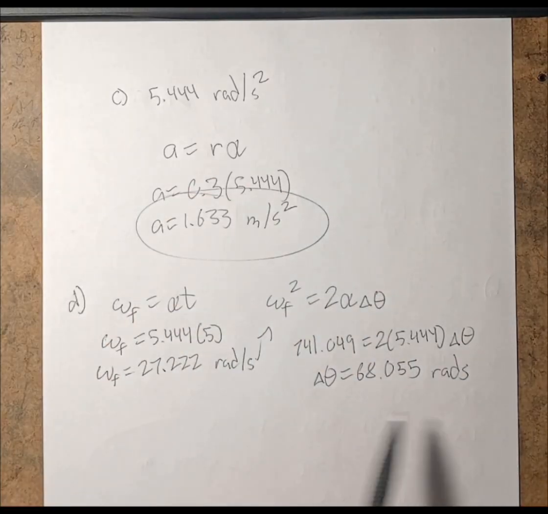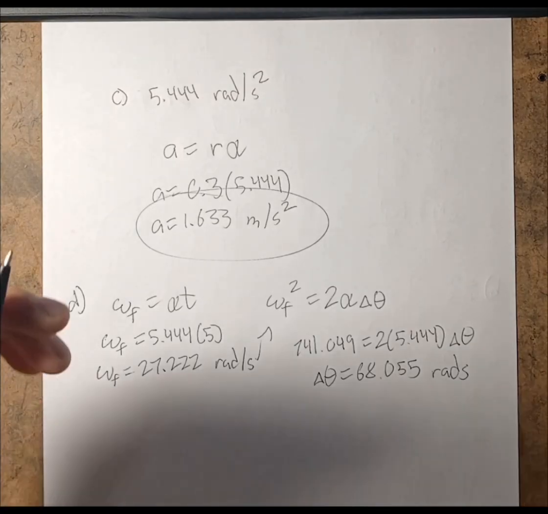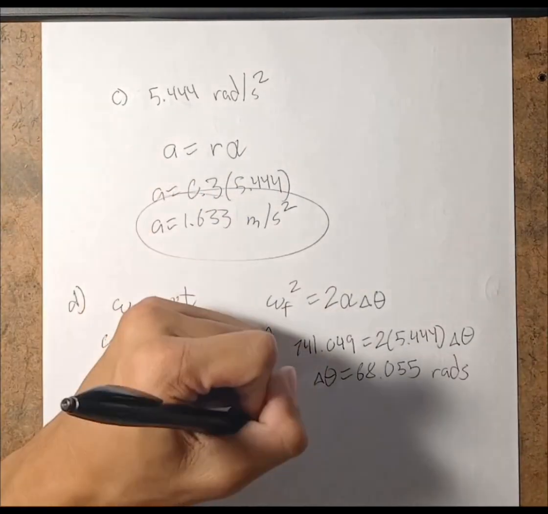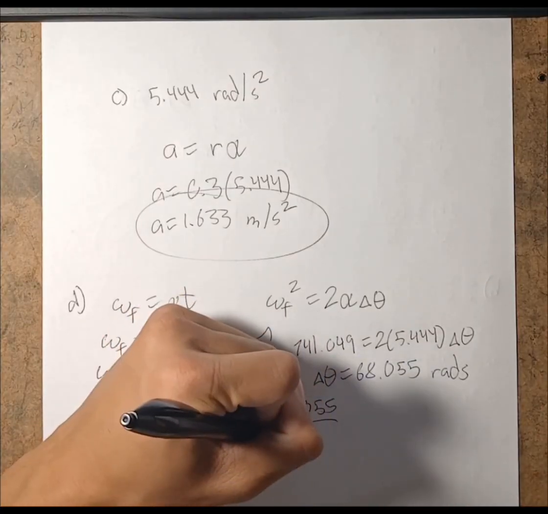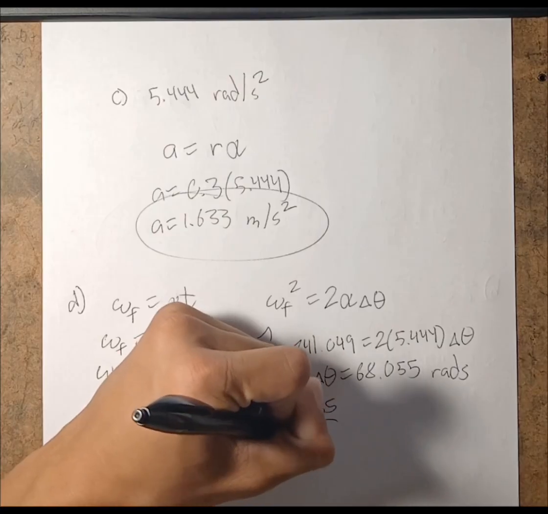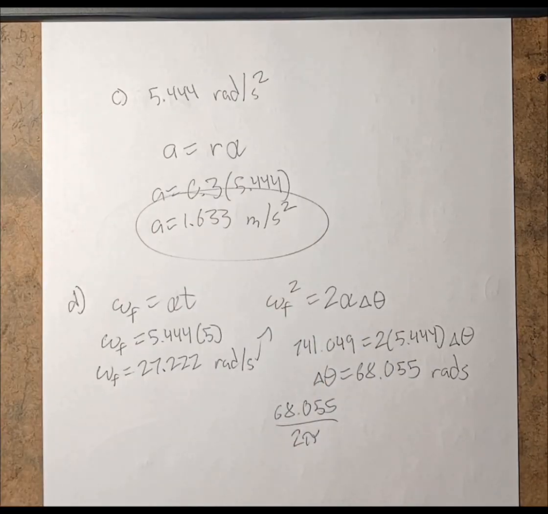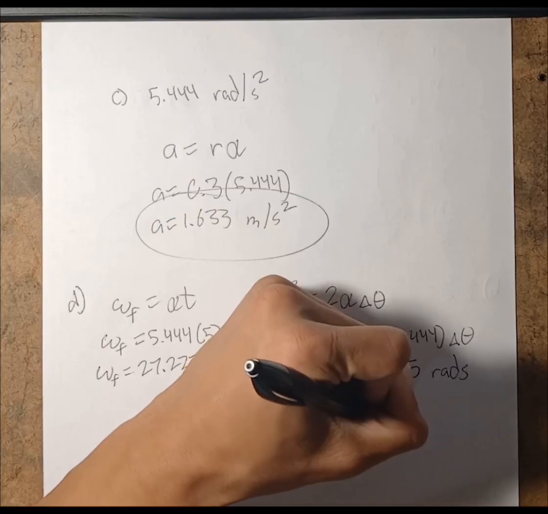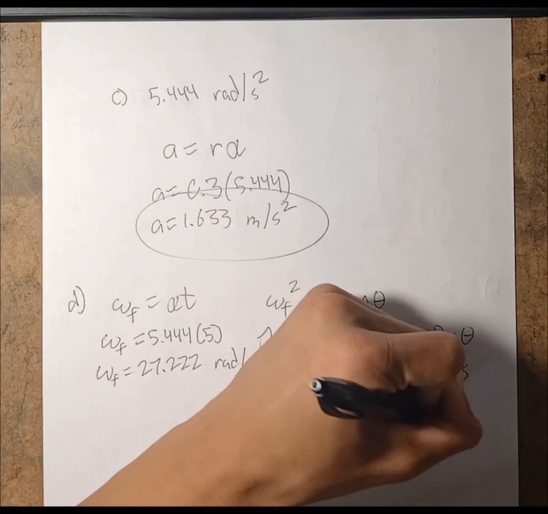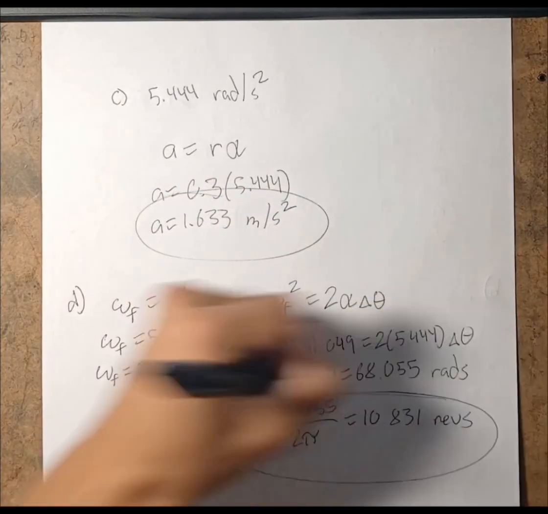And we want to know that because we want to find out how many revs the cylinder makes by 5 seconds. So we can just divide that by 2 pi, because there are 2 pi radians in every revolution. If we divide the number of radians by how many radians there are in one revolution, we should get the amount of revs, and that is 10.831 revs at 5 seconds.